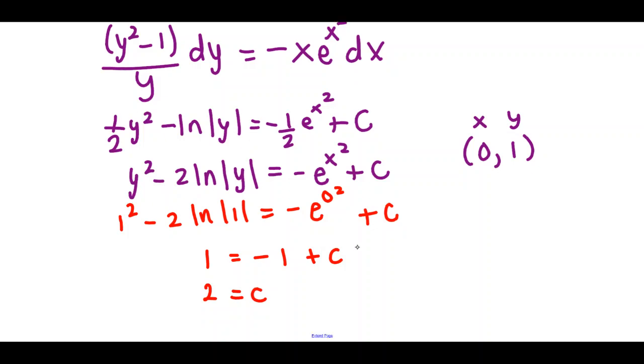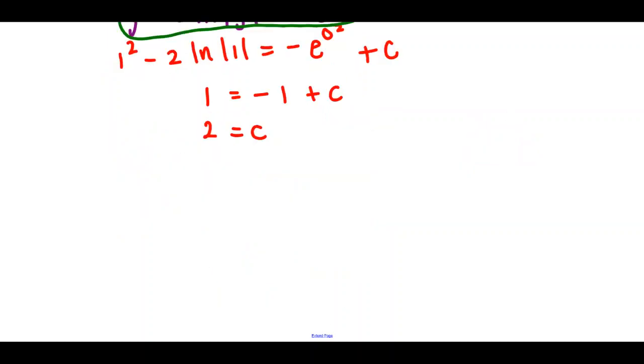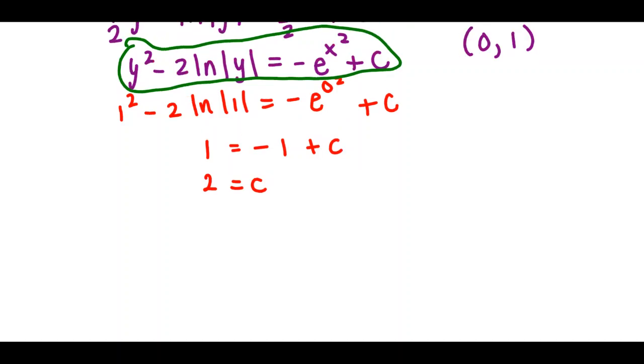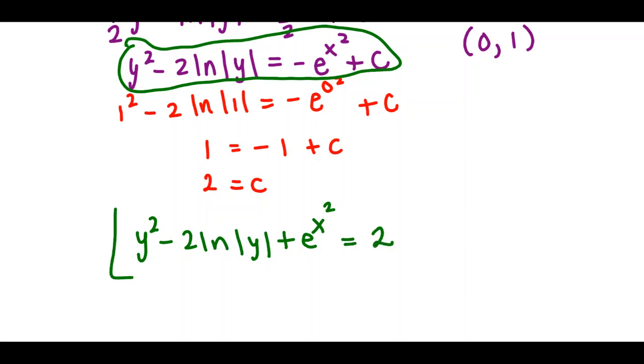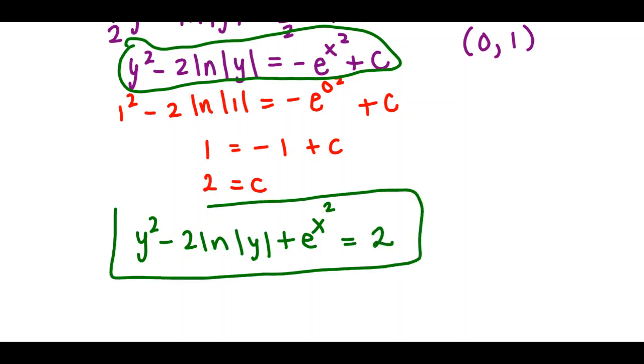So in the end, my final solution is this equation, but we're going to replace c with the number 2. So our equation is y squared minus 2 natural log absolute value y. I'm going to move the e to the x squared to the other side, so plus e to the x squared equals 2. And there's my final answer.